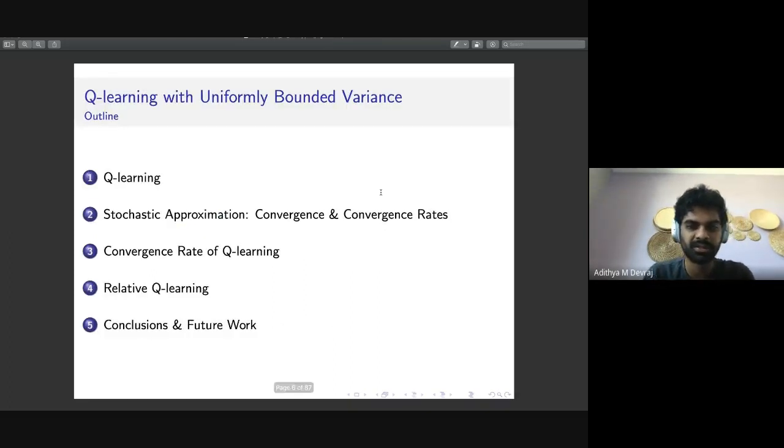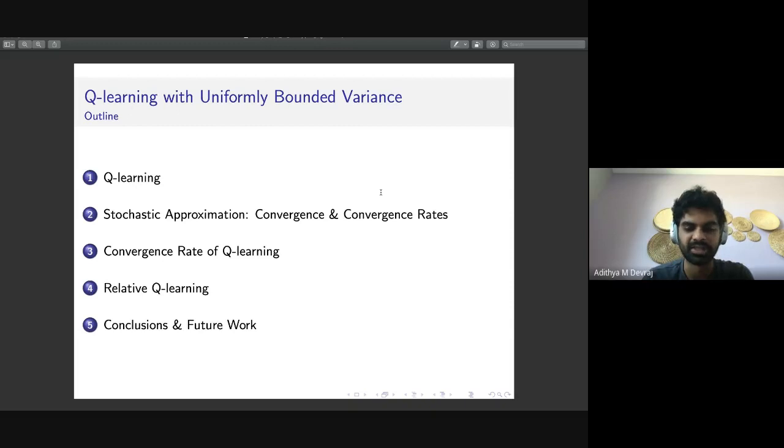So here's the basic overview of the talk. In the interest of the broad background of the audience, first I'll be formulating this Q-learning problem as a more general problem of stochastic approximation. And then I'll be looking at convergence and convergence rate of stochastic approximation algorithms.